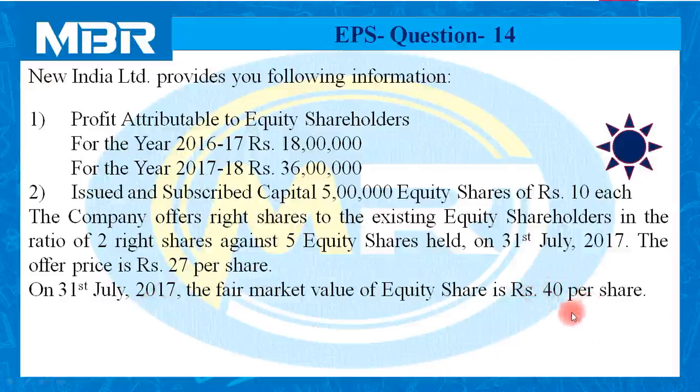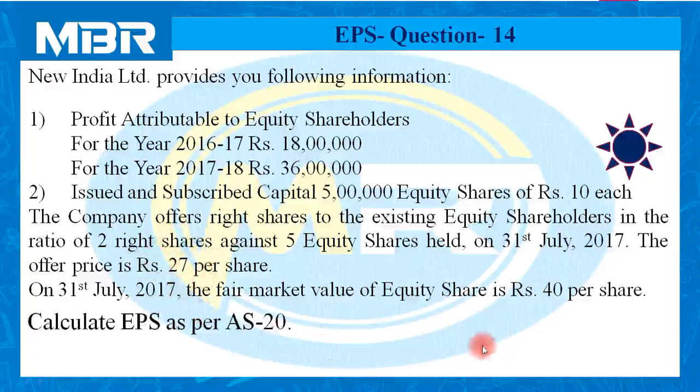The fair value on the date of right issue is rupees 40, and the company has offered its right shares to the existing equity shareholders at the rate of rupees 27. Calculate earning per share as per Accounting Standard number 20. It is the first way of presentation of the question.